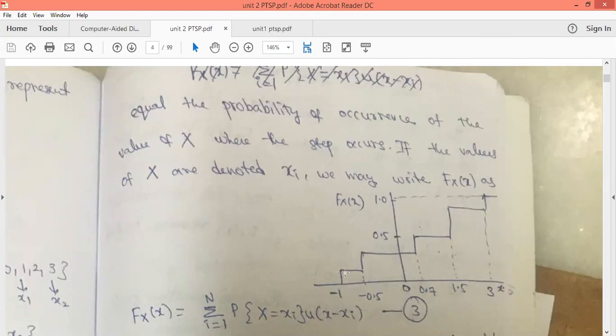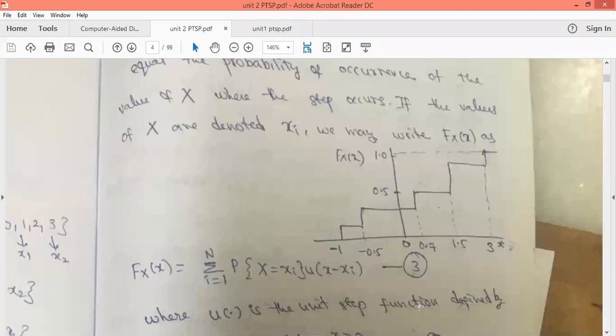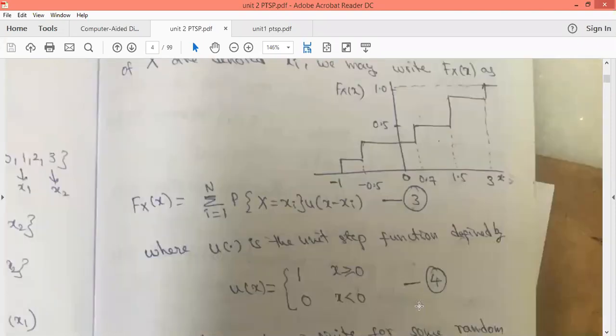How much will it rise here? It will rise by the probability at that particular location. Here also it rises, meaning there is some probability at the event x equal to 0.7, so it rises by that. Like that we get a staircase waveform for the distribution function.